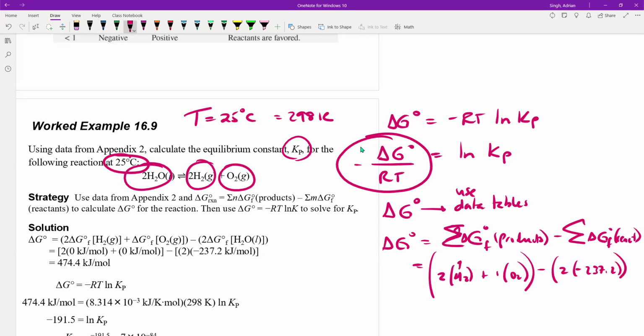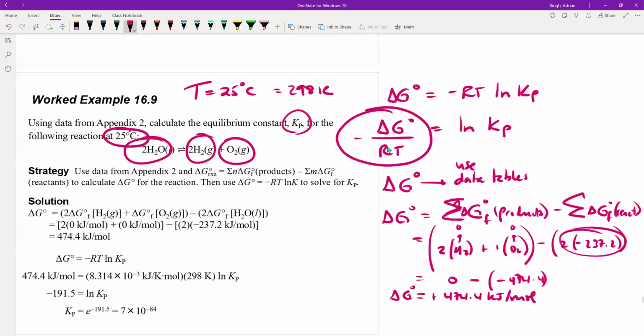These here are 0 for hydrogen and 0 for oxygen, and then minus, and we multiply these together. So that gives minus 474.4 kilojoules per mole. So our delta G naught ends up being positive 474.4 kilojoules per mole.